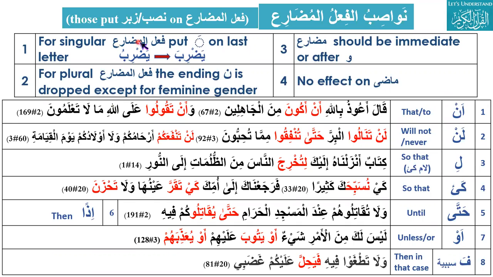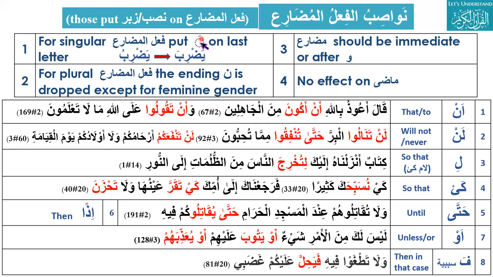They make Fi'l al Mudare mansub. How? The last harakat will be changed from pesh to zabar, like yazribu will change to yazriba. Can we say that pesh will change into zabar, or for singular the last letter will have fatha or zabar?